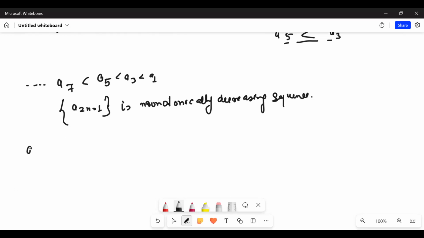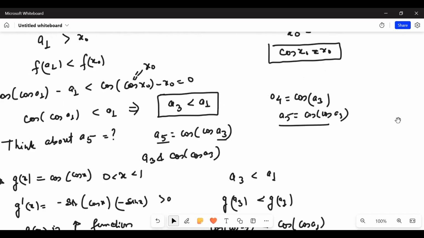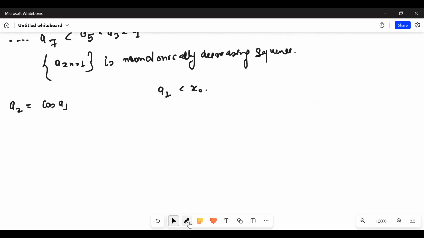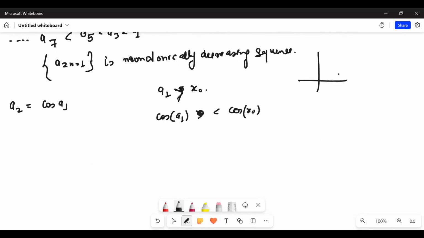We already know that a2 is equal to cos of a1, and a1 is greater than x naught. Since a1 is greater than x naught, if I apply cos on both sides, cos of a1 would be less than cos of x naught, because cos is a decreasing function in the first quadrant.